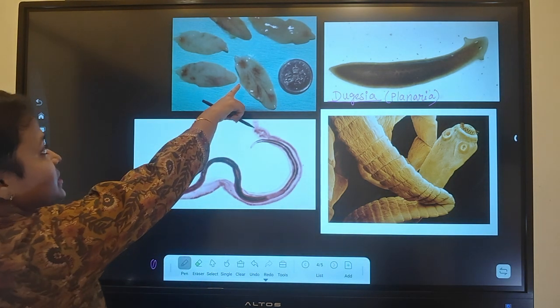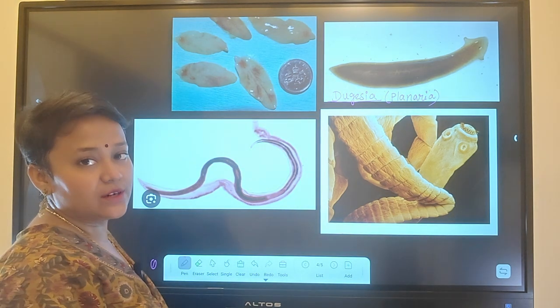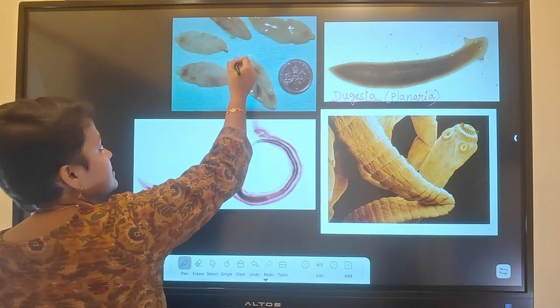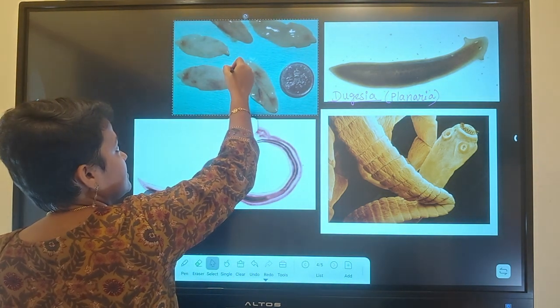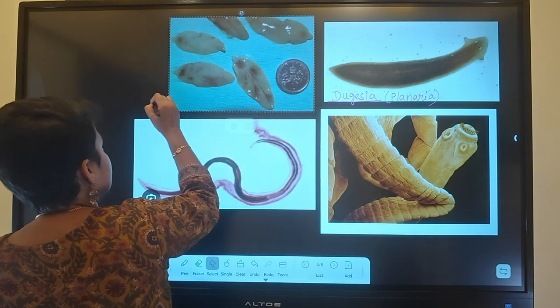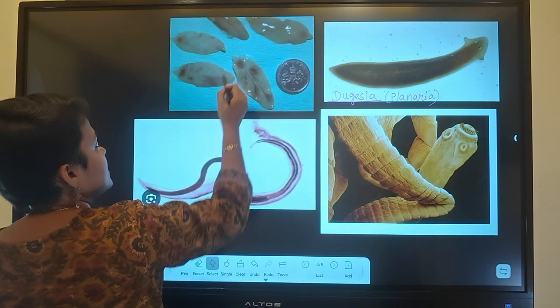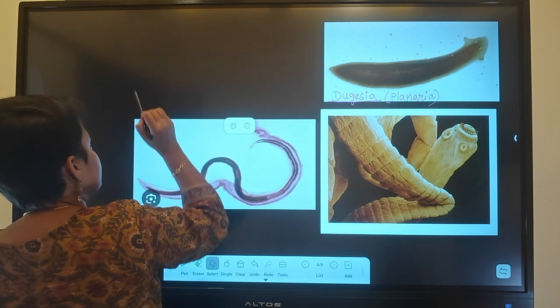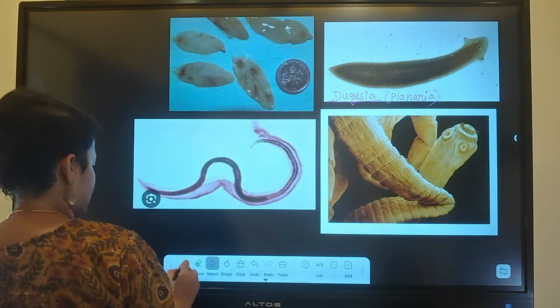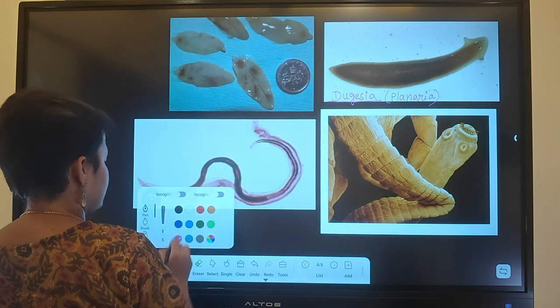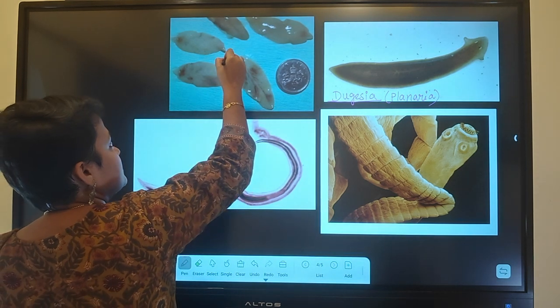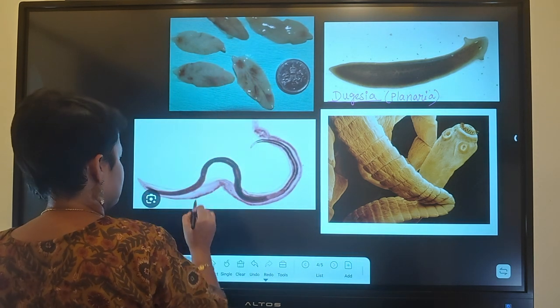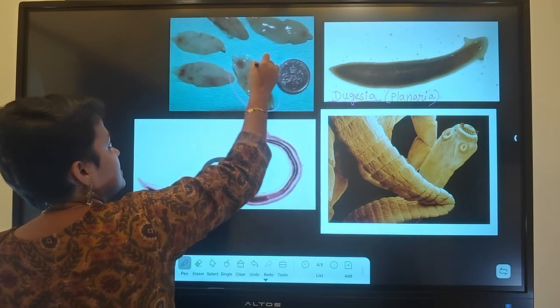Coming to this one, it is the liver fluke. It is leaf like, right? Leaf like. You can see here.